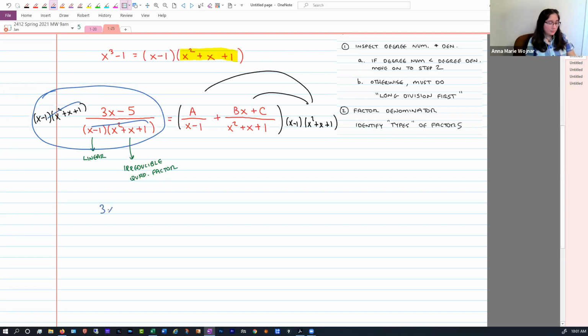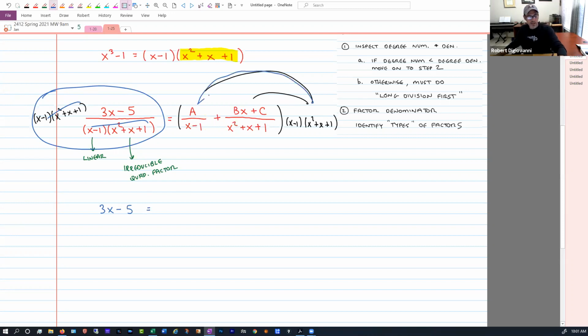Yep, that's it, 3x minus 5. Good. You want to tell me what would happen for this first one when I multiply on the right side, just that first one, what I'm left with? You're left with a multiplied by x squared plus x plus 1. That's right. So the x minus 1's cancel. You seem like you understand this. That's good.